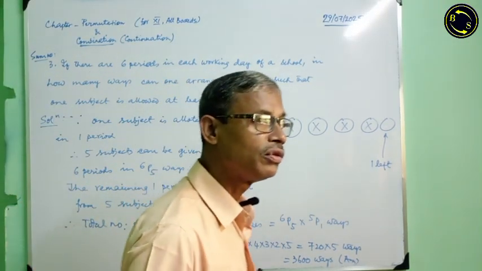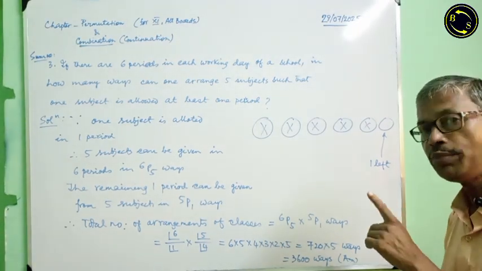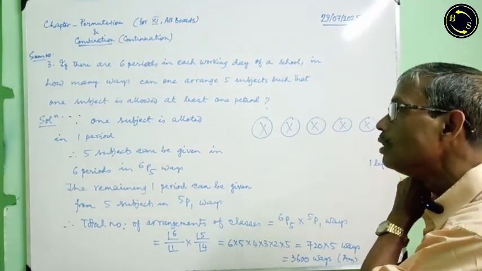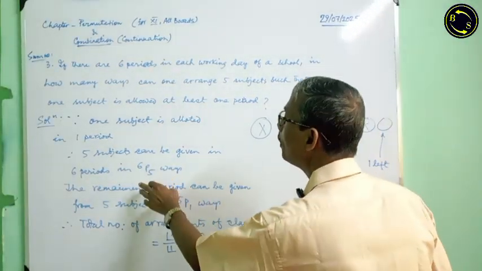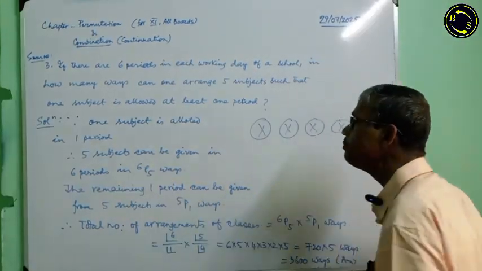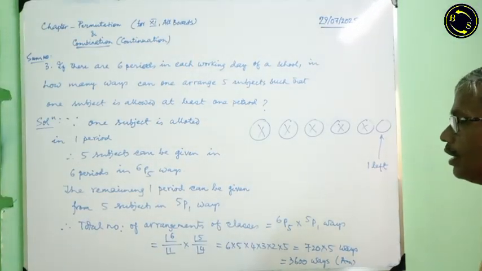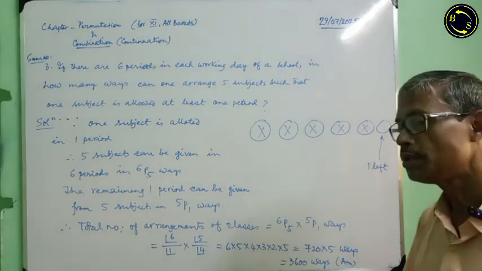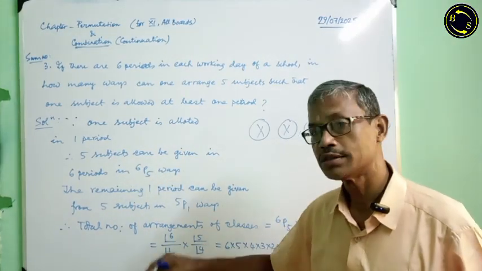While we allot one subject for one period, therefore to allow 5 subjects, one for each period, will be made by 6P5 ways.